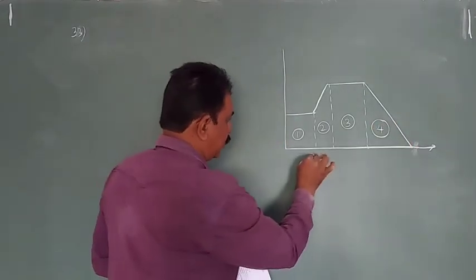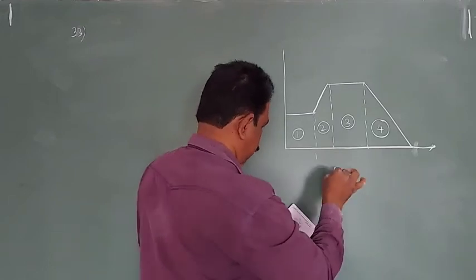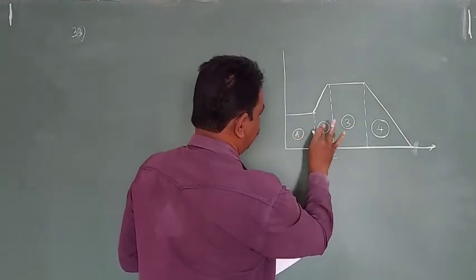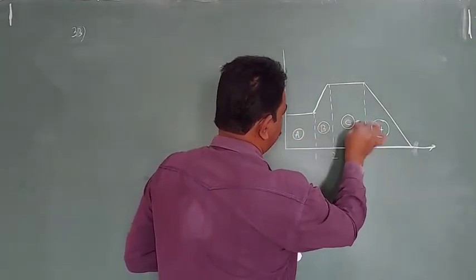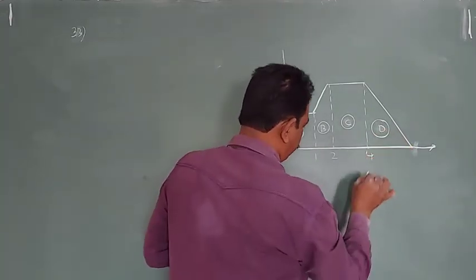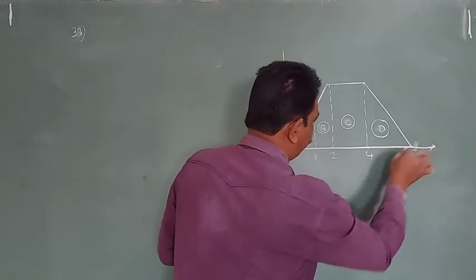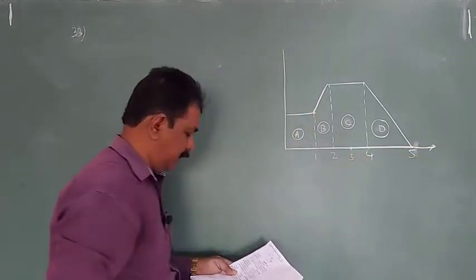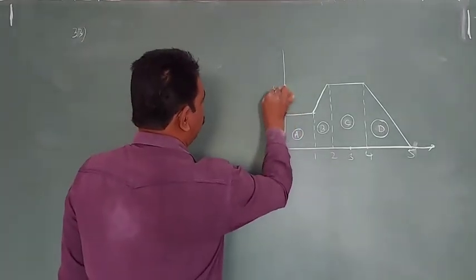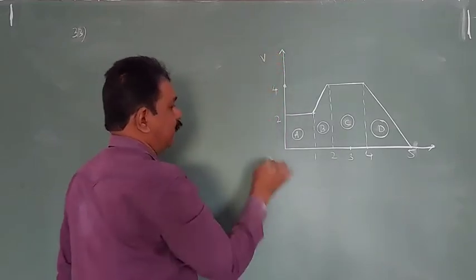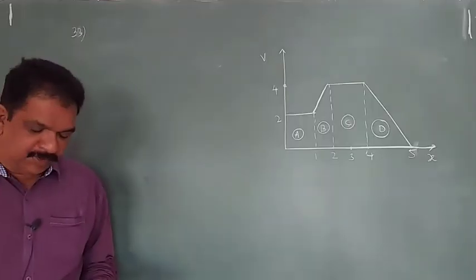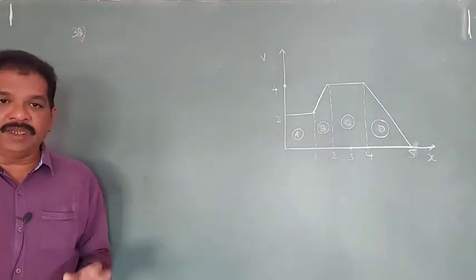Here this is 1, 2. Now they gave here A, B, C, D. Here 4, here 5. Between, here 3 is there. And the values given here 2, here it will be 4. Here V, if this is X. What is the relation between EA, EB, EC, ED? That is the question.